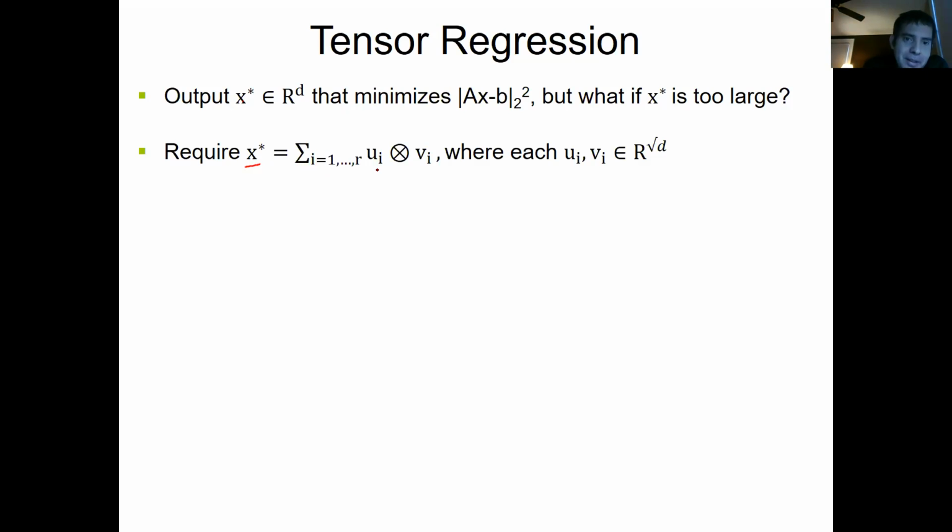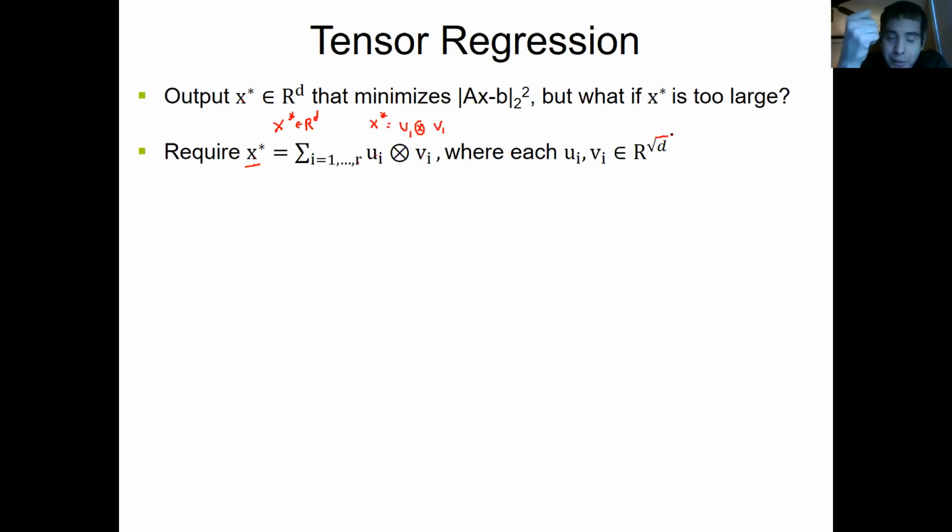One common thing is, let's say that our solution x has to have the form of a tensor product of two vectors. So suppose r is 1. This would just be u1 cross v1. So I'm only interested in solutions x star in R to the d which have the property that x star can be written as u1 cross v1, where u1 and v1 are root d dimensional.